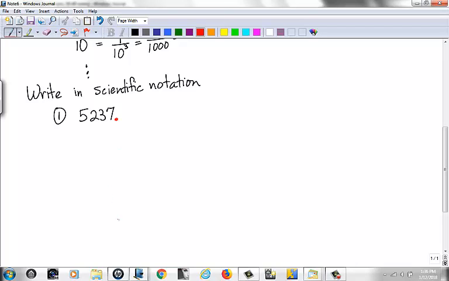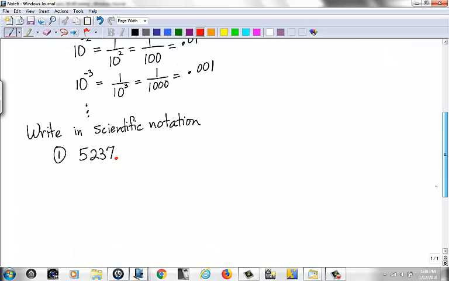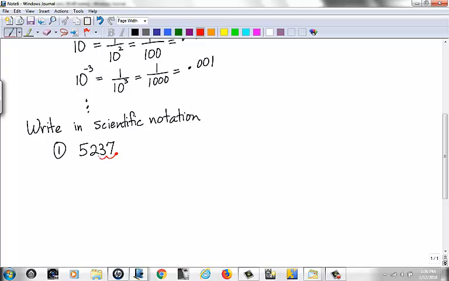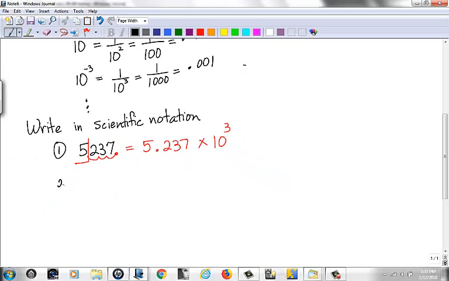The number on the left side has to be between 1 and 10. So you move the decimal point 1, 2, 3 places. I always draw a little bracket, so there's one number on the left side. So it'd be 5.237 times 10 to the third. It's basically 5 times 1,000, and 1,000 is 10 to the third. Everybody okay with that one?